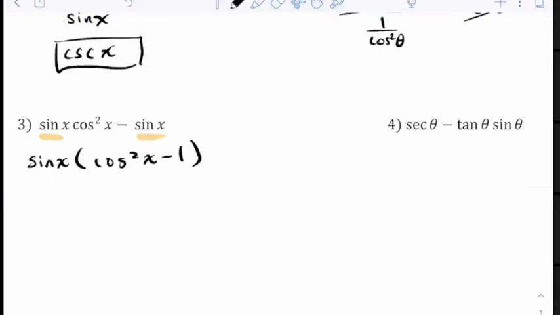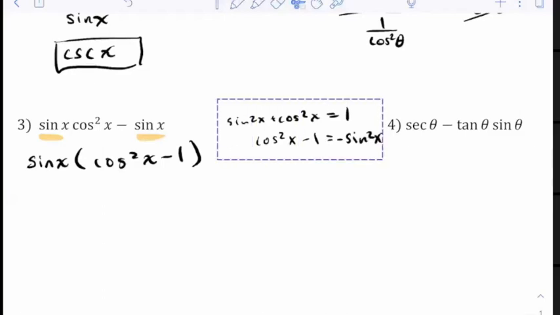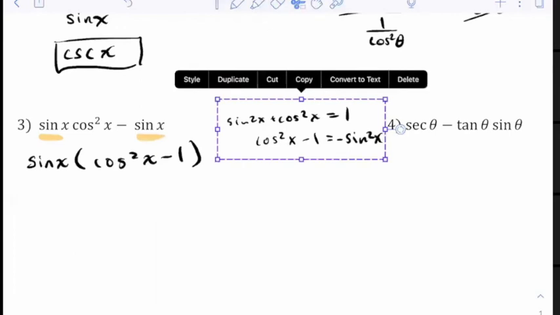That is actually, if we say sine squared x plus cosine squared x is equal to 1, and I subtract 1 from both sides and move sine squared x over, I've got cosine squared x minus 1 is equal to negative sine squared x. Let me change this color so it doesn't look like part of the next step.